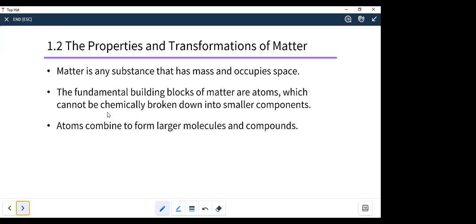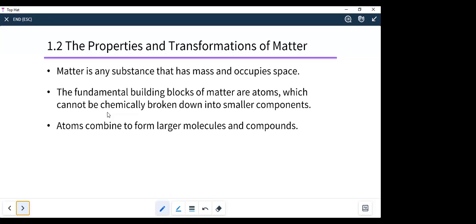Now, we will get into what makes up an atom in module number 2. We'll talk about protons and neutrons and electrons and all of that other stuff then. But for right now, we're going to just focus on the atom as its own kind of entity. That thing that we cannot break apart further.